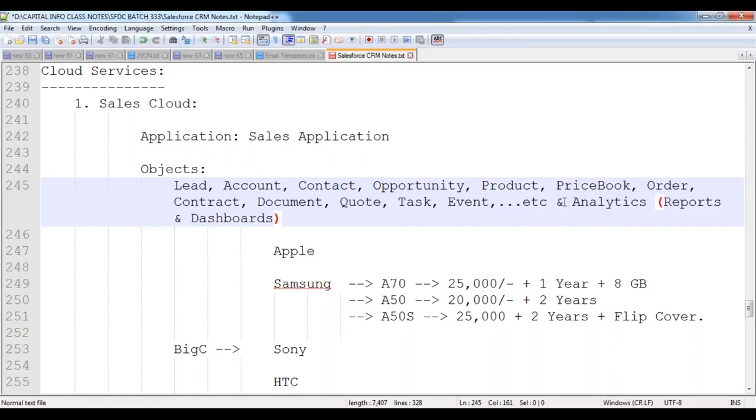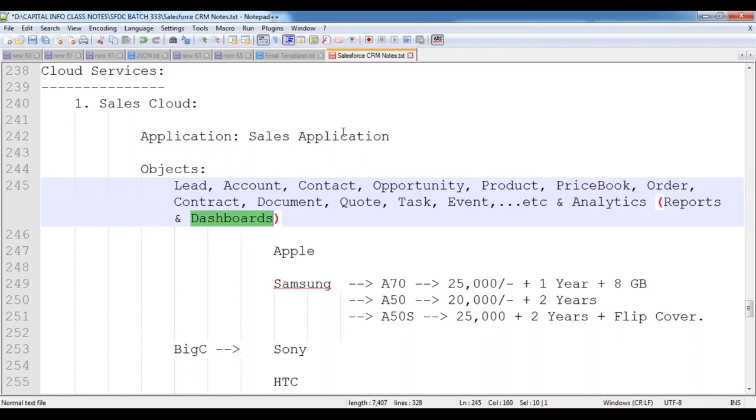Like that, I want to generate various reports. For that reporting facility, Salesforce has given a ready-made feature called reports. Once a report has been generated, to display that report in a pictorial format, like in chart format, such as a horizontal bar chart or vertical bar chart, we are using a feature called dashboards. So the dashboard is used to represent the reported data in the pictorial format.